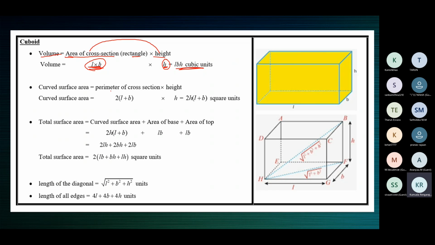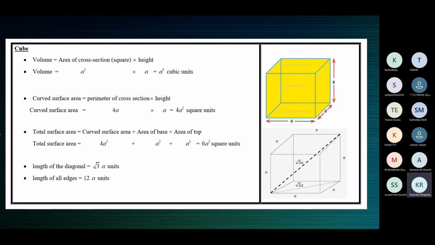Curved surface area is the perimeter of the cross section into height. And the cross section is a rectangle. The perimeter of a rectangle is 2 into L plus B, into height, into H. Curved surface area, like we defined earlier.